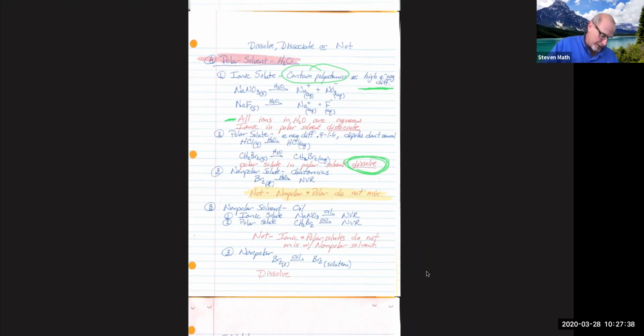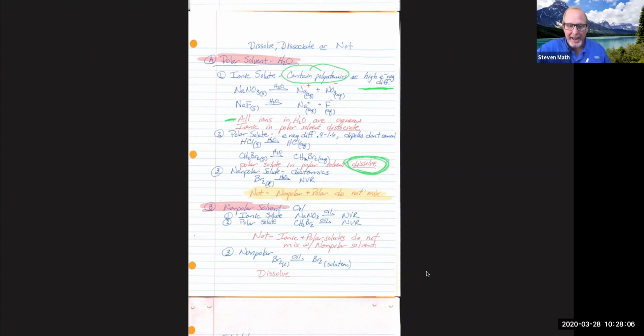Now come down here and we have nonpolar solvents. Now our solvent is going to be oil. Oil is a great nonpolar solvent, really long chains of carbons. Well, if we put an ionic into it, that's basically the same thing as what we just did with our bromine, just the opposite. You're putting a very polar thing into a nonpolar solvent, and it's not going to break apart.